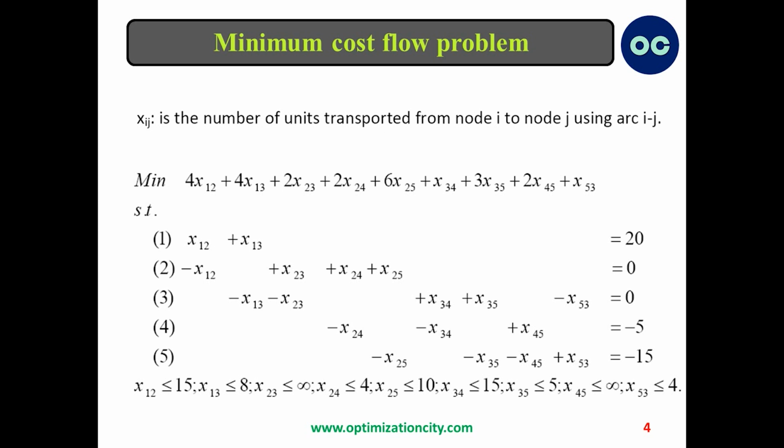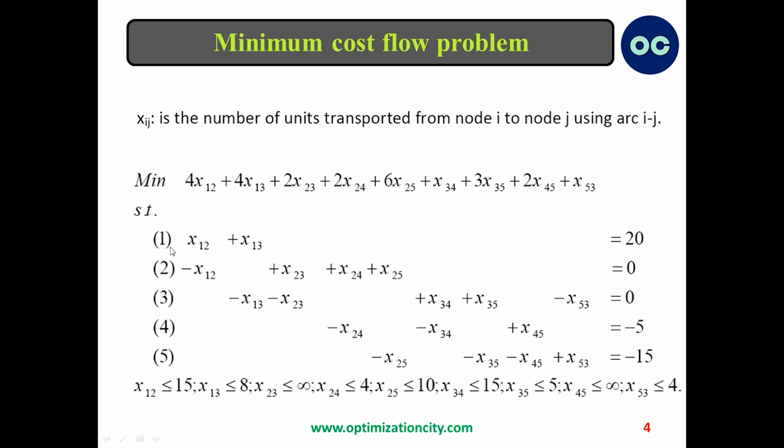Now let's represent the linear program for the minimum cost flow problem. We are going to minimize the objective function subject to a list of constraints. Equations 1 to 5 represent the flow balance equations in the network. Let's consider the flow balance for node 1.